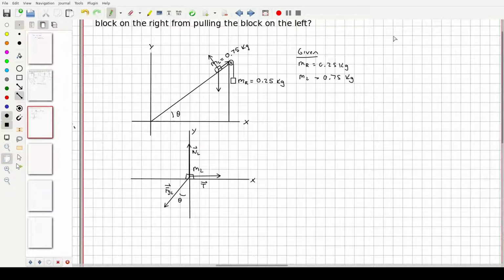So when we draw our free body diagrams, which I'll do over here, that's number 1. This right here is number 2. This will be the left side, and this will be the right side.